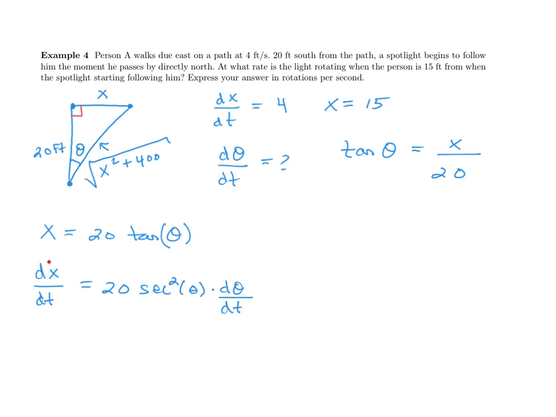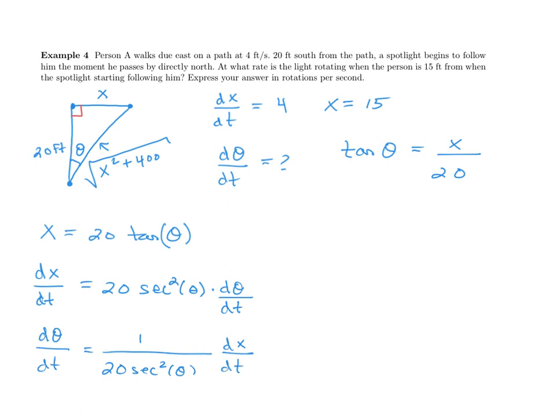This is great. I have an equation that connects dx/dt to dθ/dt. I know this, and I'd like to solve for this. I think what I'll do is divide both sides by 20 secant squared theta to get this by itself. So I'll write this as dθ/dt is equal to 1 over 20 secant squared theta times dx/dt.